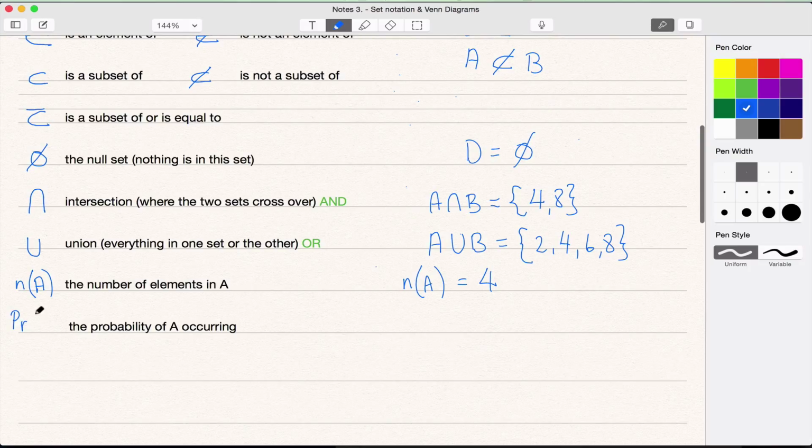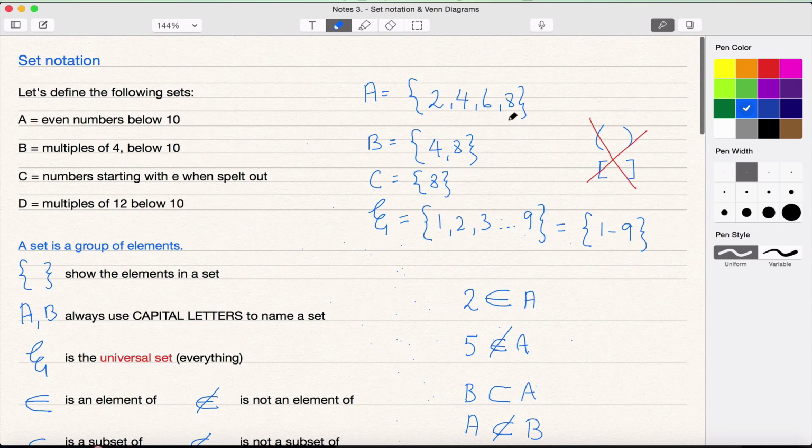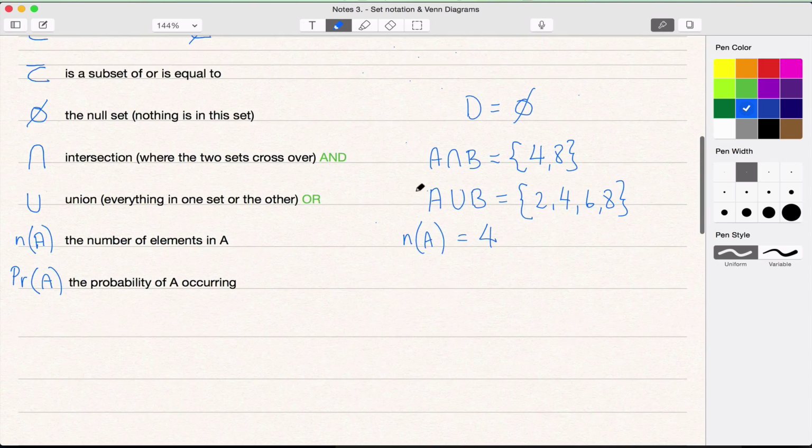A PR out the front is the probability of A occurring. If we assume these have all got an equal chance of happening, and there's 9 numbers altogether, so using our probability rule, probability of A is going to be the number of elements in A over the total number of elements.